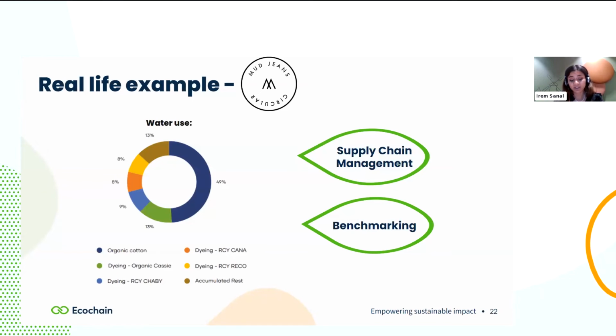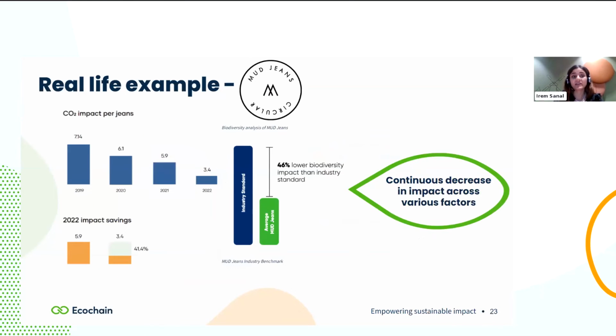And the other thing with Matjin is that they really want to be visible and transparent when it comes to sustainability and want to make sure their customers know that by preferring Matjin, they will become more sustainable. And to do that, they really wanted to benchmark themselves in comparison to industry standards by showing their impact reduction in a quantitative way. So these are the pictures that I took from their LCA report.